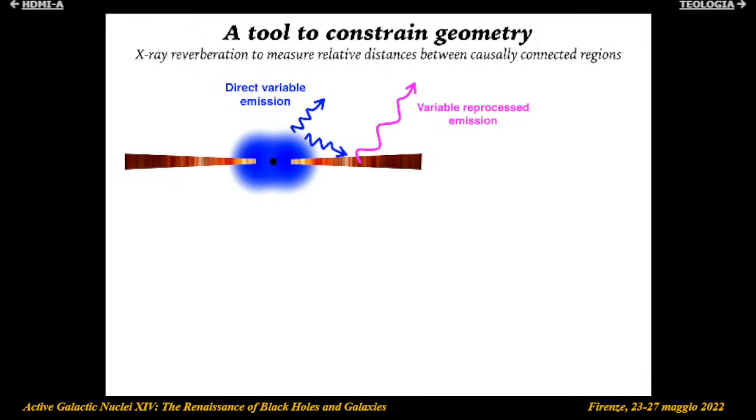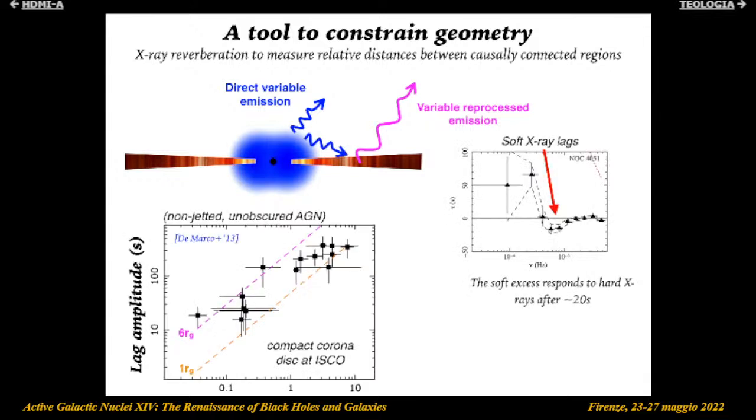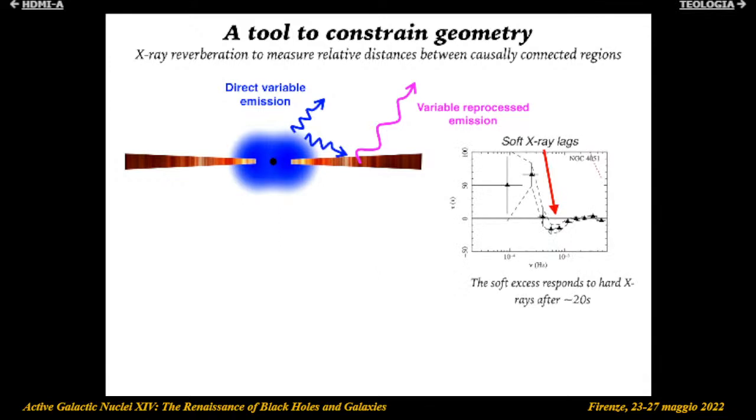Now, this is what is routinely used to measure the black hole mass in optical UV reverberation techniques, but this has been possible to do also in the X-ray band, where X-ray reverberation lags have been finally found.